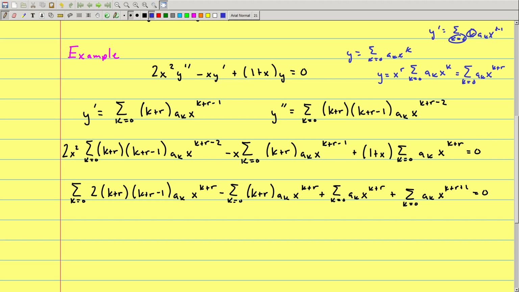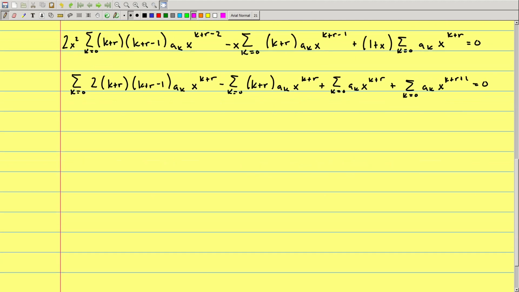And to not be confusing, we just wiped it away by changing the index. For these factors, I have this x to the r here, okay? And the presence of that x to the r gives me this factor, which isn't going to necessarily be 0 when k equals 0, which is why this stays. I don't change it. Okay?